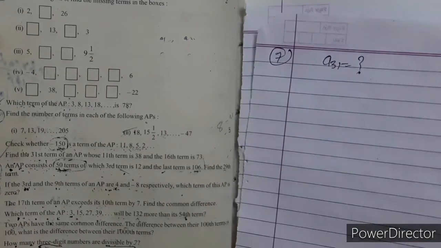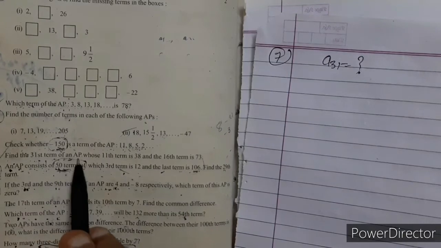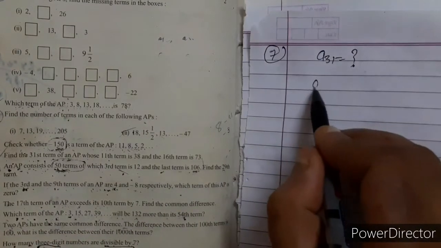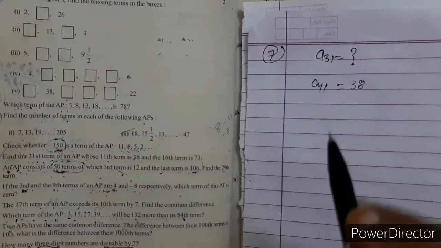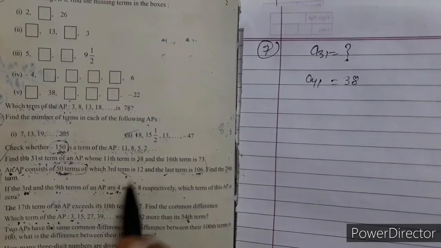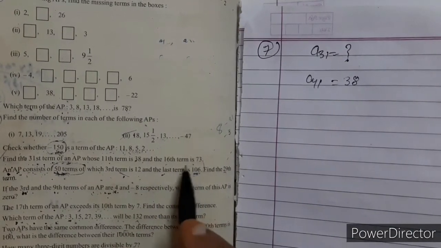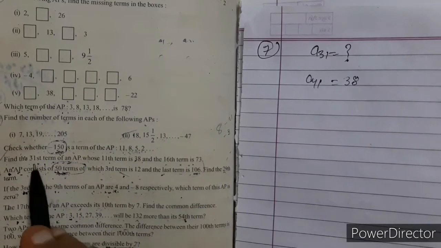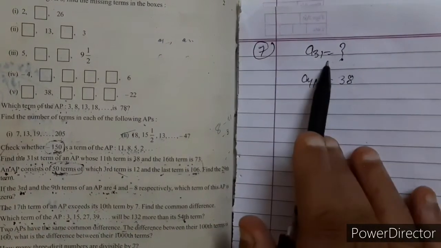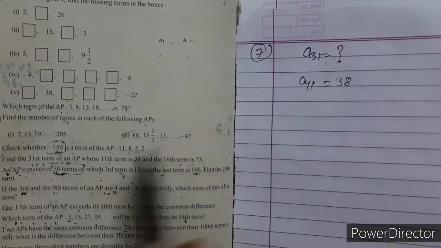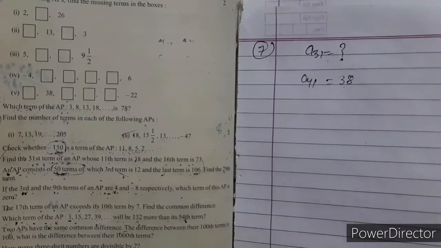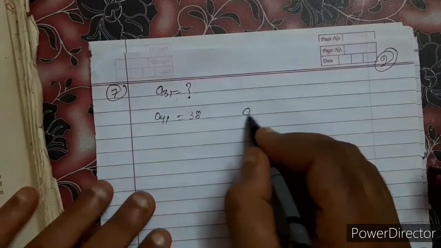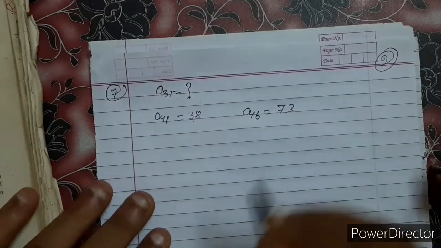We have to find it for an AP whose 11th term is 38 and whose 16th term is 73. The 11th term means A11 is 38, and the 16th term means A16 is equal to 73.